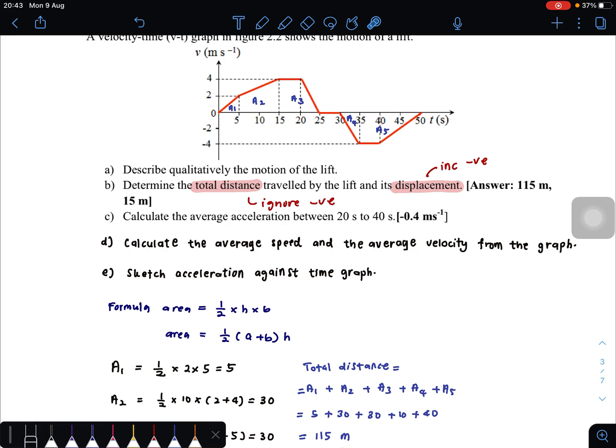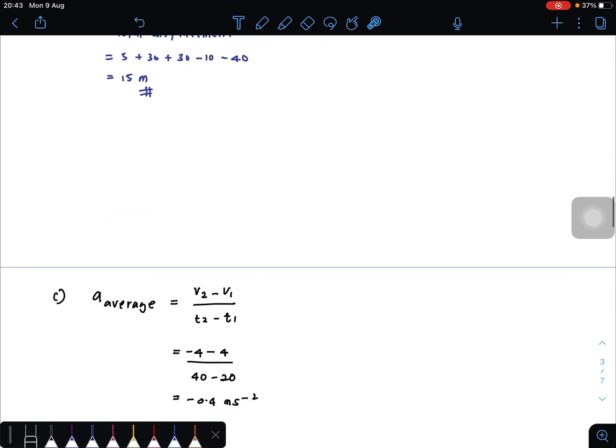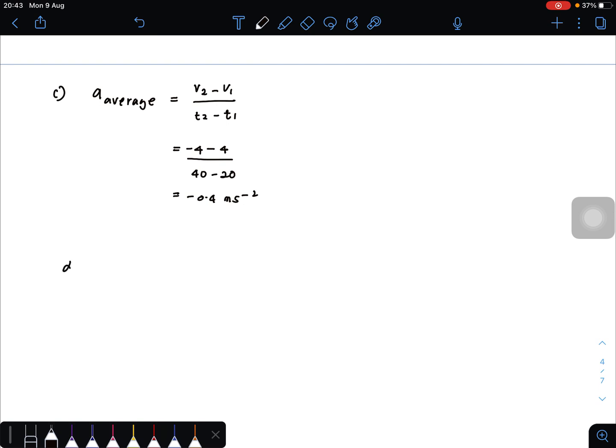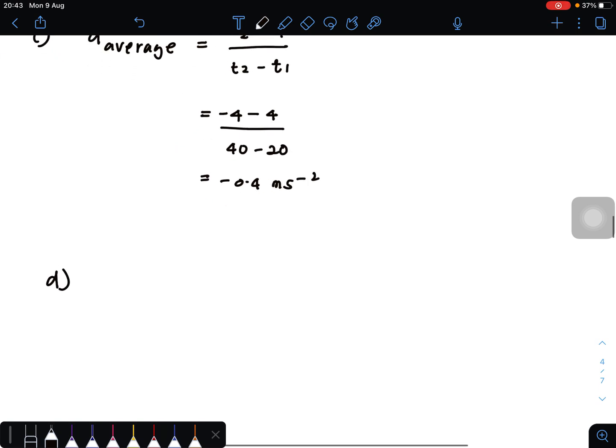Okay, next one, we need to calculate the average speed and average velocity from the graph. Okay, average speed, you want to find average speed and then average velocity.